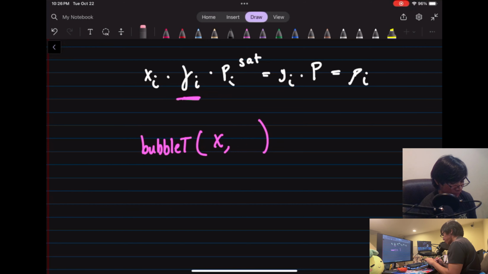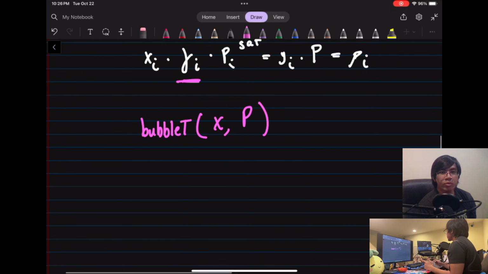It should be a pressure. We've done this before with our first bubble dew graphs where we created the bubble pressure. To calculate the bubble temperature, we use a root to find the difference between our guess of our bubble pressure and the pressure we actually want to be at, between our bubble pressure function and this pressure, until it equals 0. So we subtract them from one another, and then use a root to find the 0.